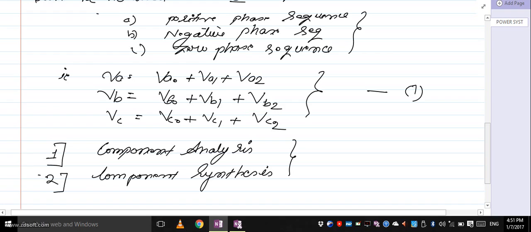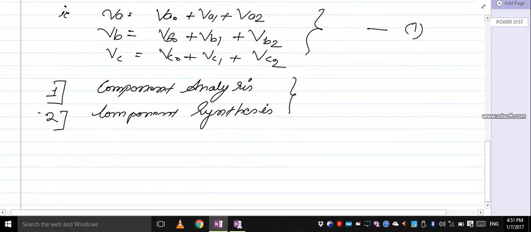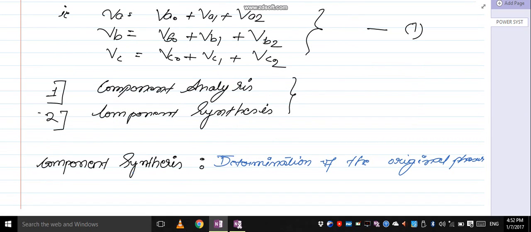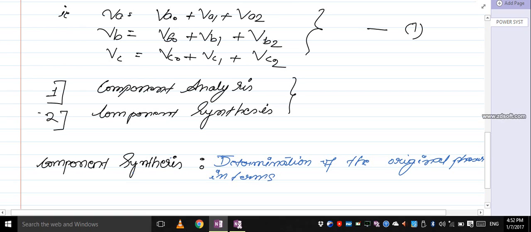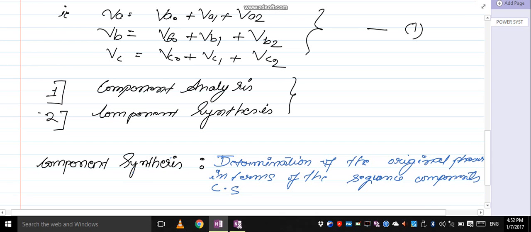Okay, now let us first look at component synthesis. So determination of the original phasor in terms of the sequence components, that is called as your component synthesis.